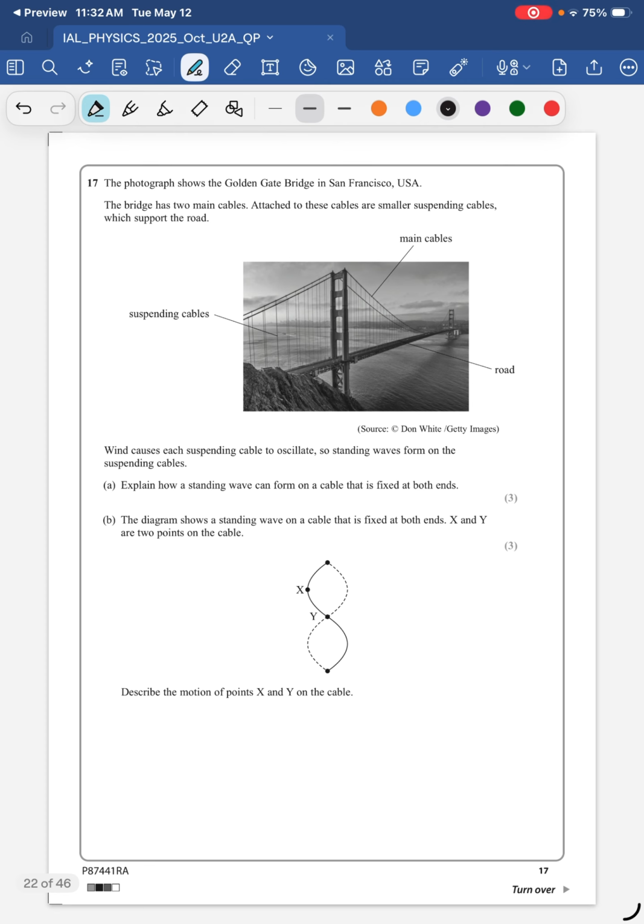Okay. B. The diagram shows a standing wave on a cable that is fixed at both ends. X and Y are 2 points on the cable. Describe the motion of points X and Y on the cable. So X is an antinode and Y is a node pretty much.